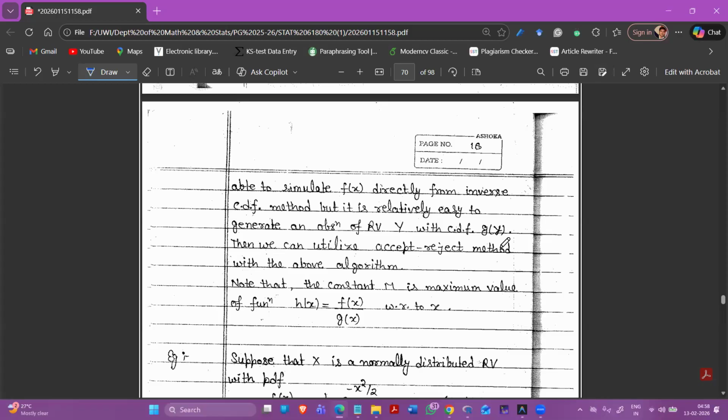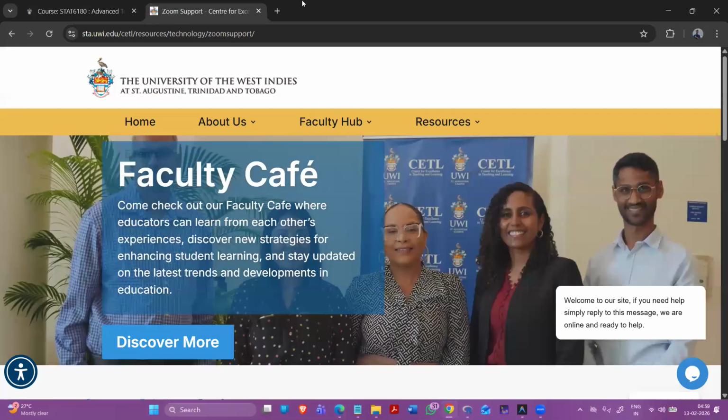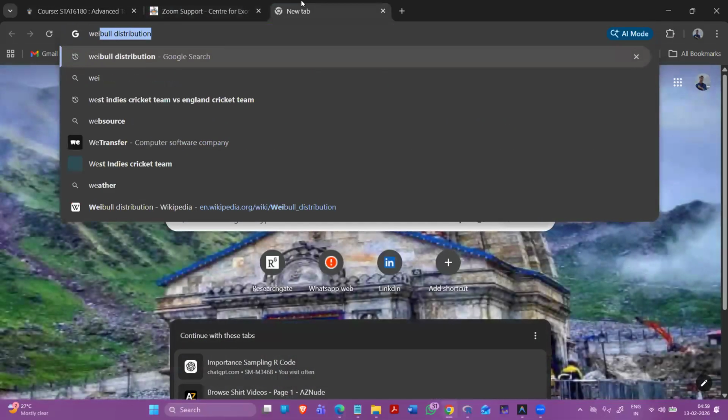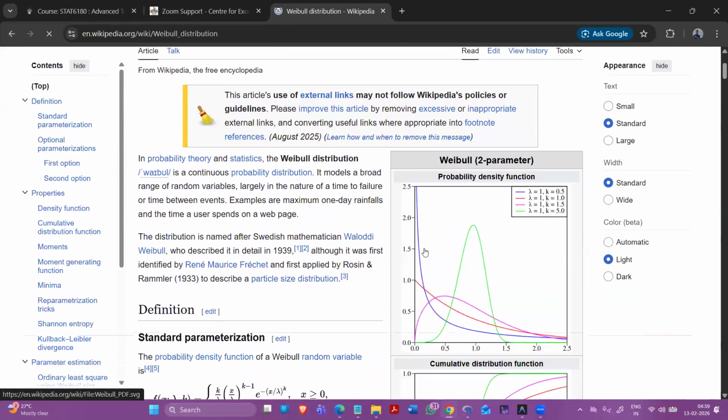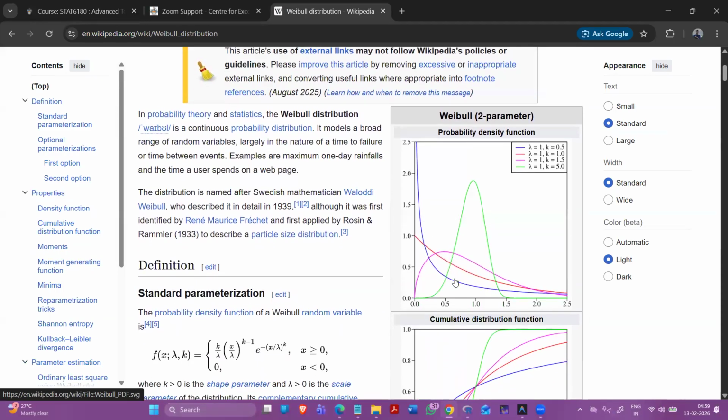But if you go to the generalized Weibull or Weibull distribution, this is the density function of the Weibull distribution. If you see, as you change the value of the parameter, you get the symmetric shape, you get the exponential shape also, you get the gamma distribution shape also. All three distribution shapes you get here, right?